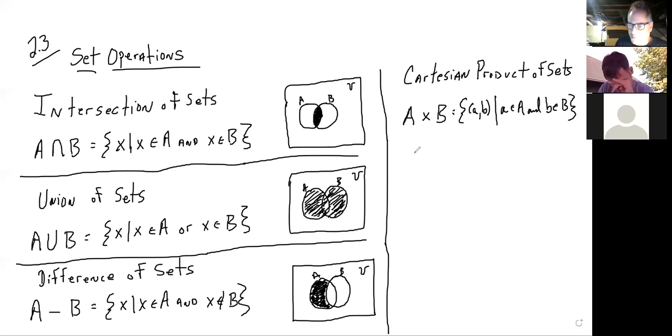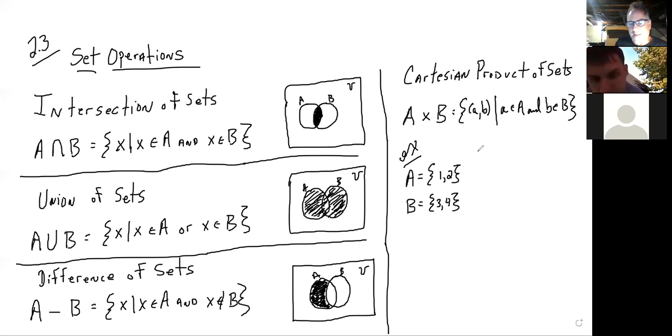If I were to look at an example, let's keep it simple. Let's say I've got a set A with the elements 1, 2, and a set B with the elements 3, 4.